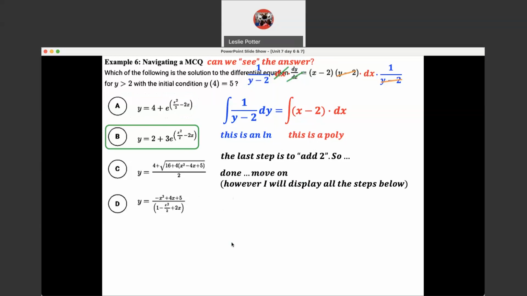Okay, so I'm going to go ahead, natural log of y minus 2, anti-differentiate that, x squared over 2 minus 2x plus c. I'm going to use my initial condition of 4, 5. So I'm going to put a 5 here. I'm going to put 4s here. Why did I put 0s there? That's not good. Should have put 4s there.